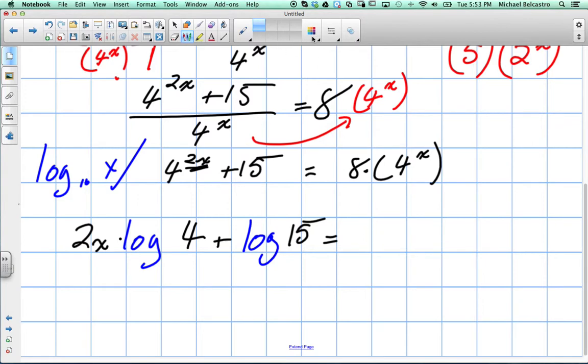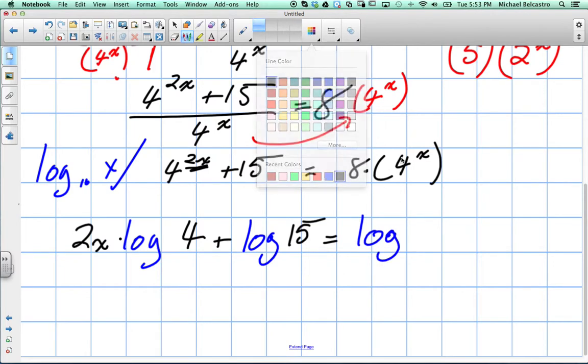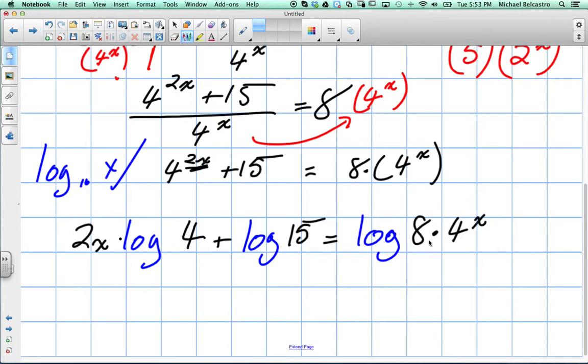So first I'll write it in. Do our product rule. We'll get log of 8 times 4^x, and this right side can be split up. On the left, we'll get 2x times log 4, and we can find out what log 4 is, and what log 15 is, and we'll do that in a minute.